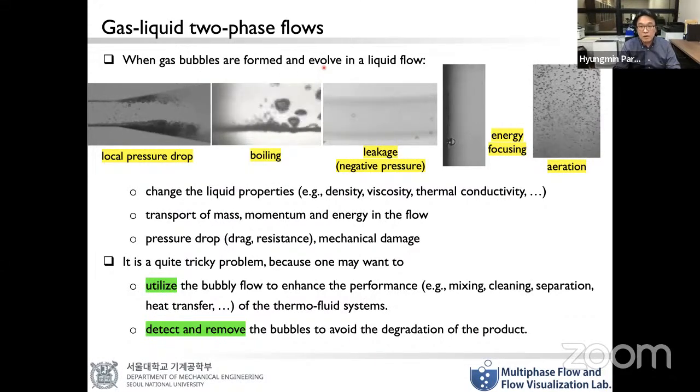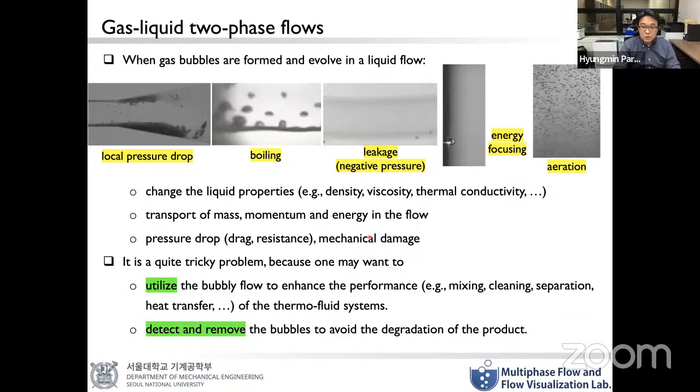They are also highly related to the transport phenomena of mass, momentum, and energy of the liquid flow. And sometimes they are the major source of pressure drop and mechanical damage as well.